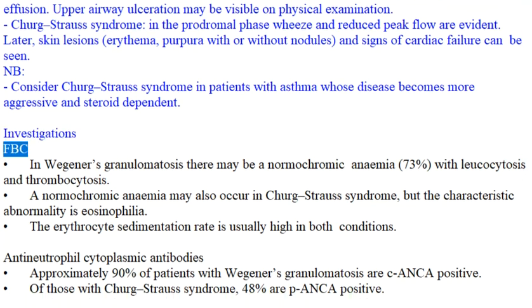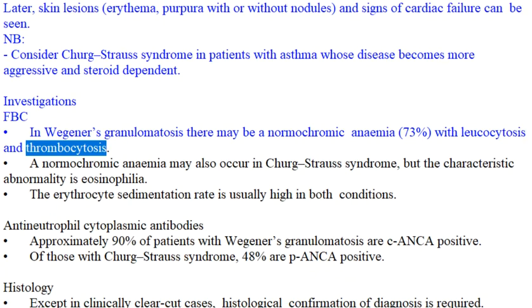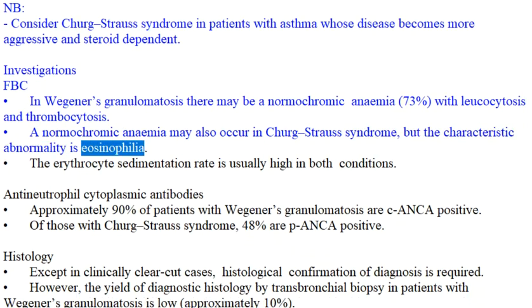Investigations. FBC. In Wegener's granulomatosis there may be a normochromic anemia, 73%, with leukocytosis and thrombocytosis. A normochromic anemia may also occur in Churg-Strauss syndrome, but the characteristic abnormality is eosinophilia.